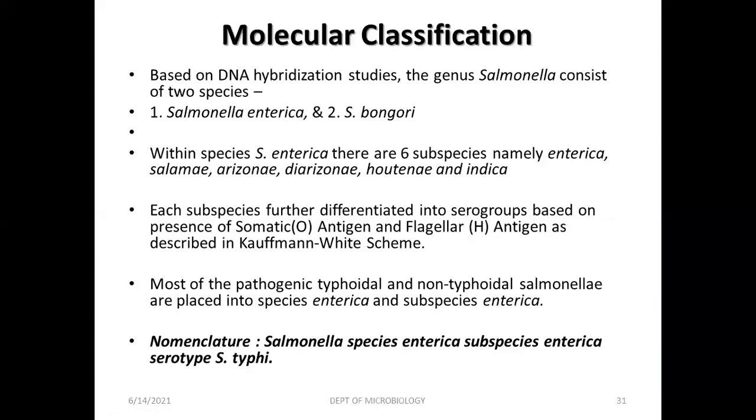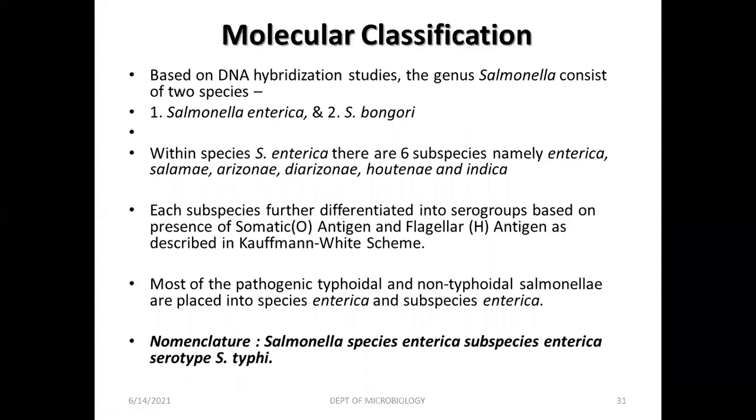Molecular classification is based on DNA hybridization studies. The genus Salmonella consists of two species, Salmonella enterica and Salmonella bongori. Within the species Salmonella enterica, there are six subspecies, namely enterica, salamae, arizonae, diarizonae, houtenae, and indica.